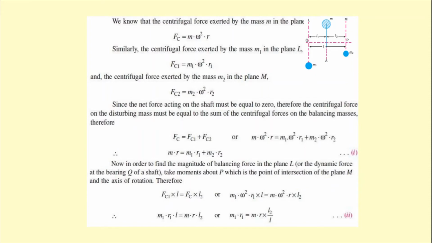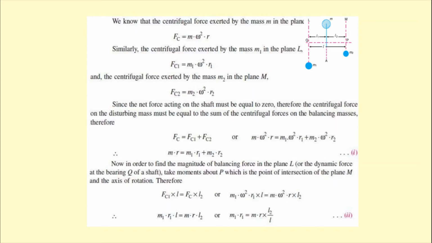Now we know that the centrifugal force exerted by the mass in the plane is Fc equal to m omega square r. Similarly, we get Fc1 equal to m1 omega square r1 and Fc2 equal to m2 omega square r2.